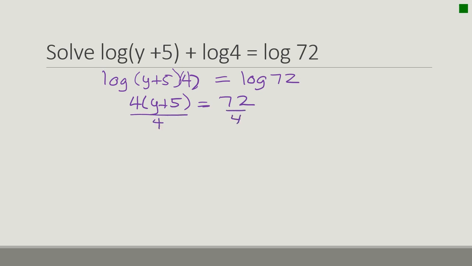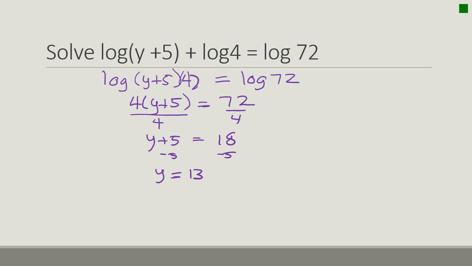I like to divide first if I can. That's just me. You could distribute it if you wanted to, but 72 divided by 4 is 18, so I get y plus 5 equals 18. And if I subtract 5, y equals 13.